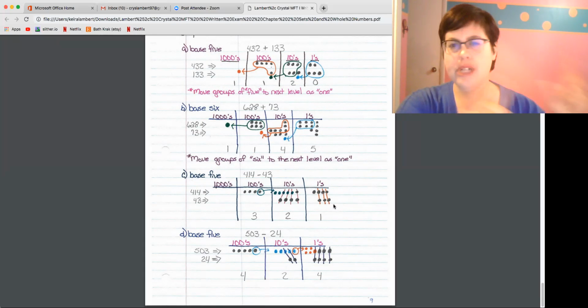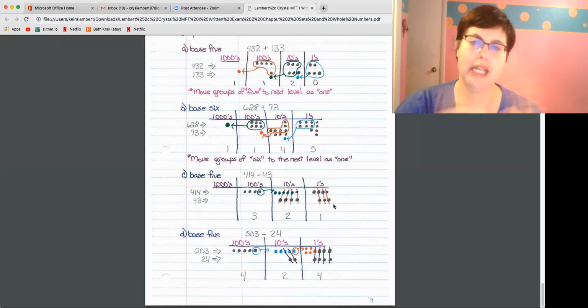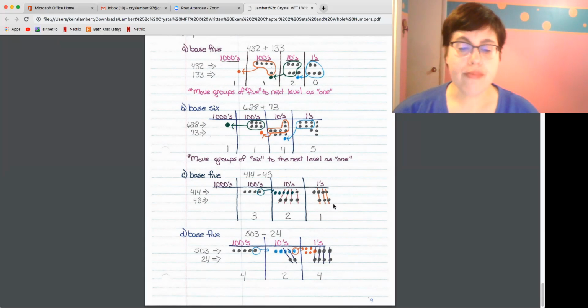So we're just doing the opposite of what we did in previous problems. In this one, you'll see in the tens column, there's only 1 dot in the top row. That's where you should be when you're working your problem. And I have 4 in the bottom row. Well, we can't take 4 out of 1, so we have to borrow some from the hundreds column.